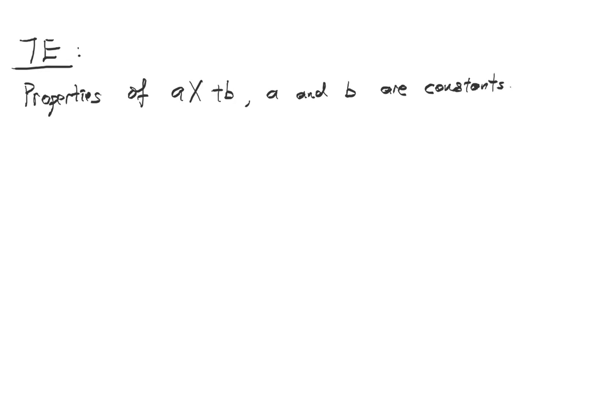It means that I have a variable X, then I change it to a variable Y, whereby this Y is related to X in this way. That is what it means. So if my variable X has a certain mean, then what will be the mean of Y in relation to the mean of X?